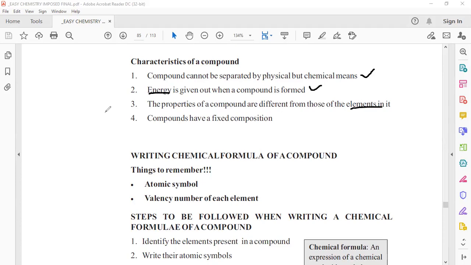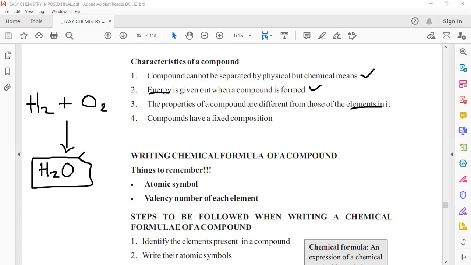The properties of a compound are different from those of an element. What does this statement mean? If you look at hydrogen combining with oxygen to give you water, these are two different components. The characteristics of water are not anywhere near the characteristics of hydrogen and oxygen.